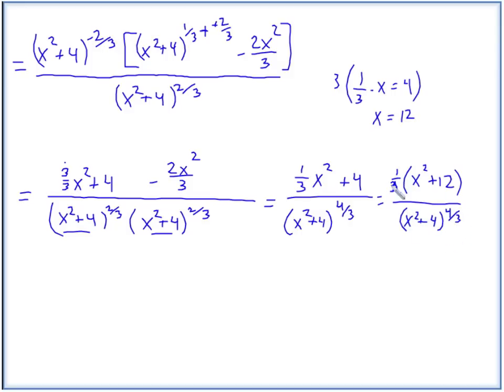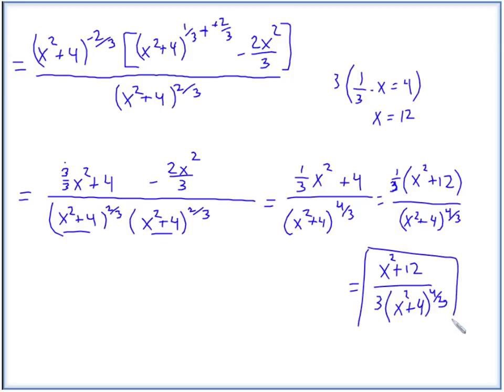Okay, and now that 1/3, we can just move the 3 into our denominator. So we have that there, and then in the numerator we still have x squared plus 12. And filling out our denominator there, we have 3 times (x squared plus 4) to the 4/3.